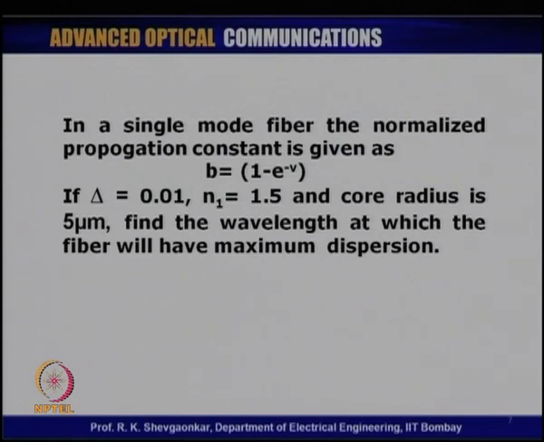If delta for the optical fiber is 0.01, the core refractive index is 1.5 and the core radius is 5 micrometer, find the wavelength at which the fiber will have maximum dispersion.